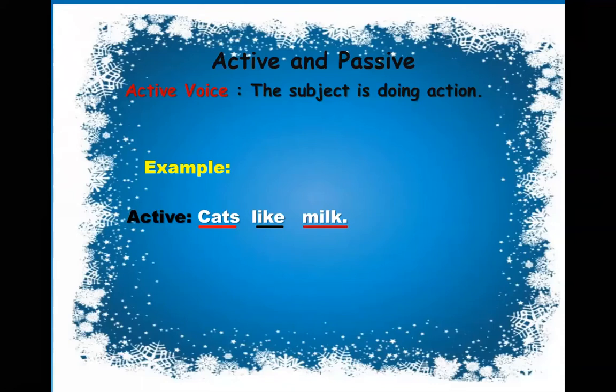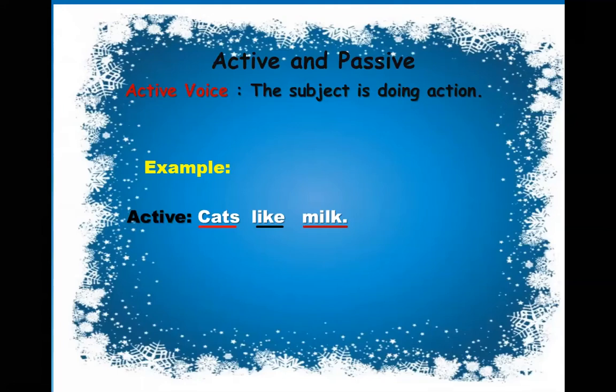Okay. In some cases, the verb is more important than the one who does the action. For example, tables are made of wood. Here, we don't know the person who does the action because it's logical that the carpenters make the tables, it's normal and it's known.